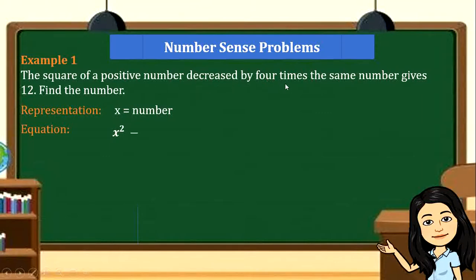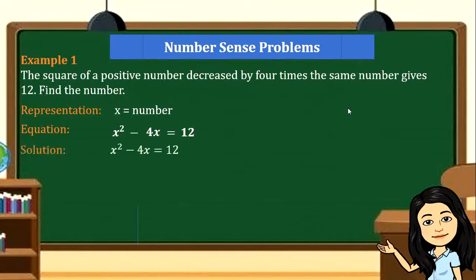And then, 4 times the same number, pwede natin siyang isulat as 4x. And then, gives 12. Yung gives dito, ibig sabihin, equal daw siya kay 12. So, ngayon, ang equation natin ay x squared minus 4x equals 12.